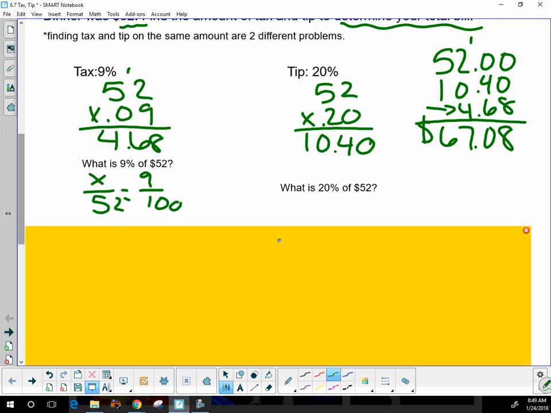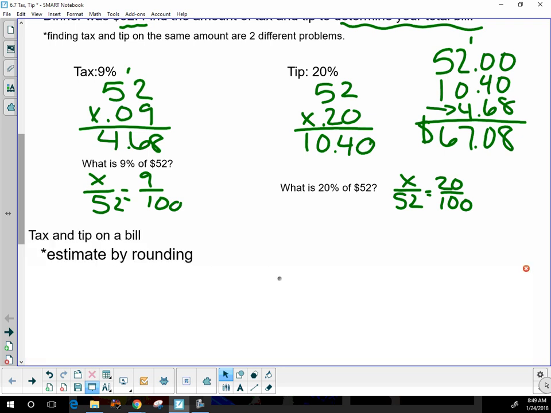And again, what is 20% of 52? And you would use your means and extremes and solve that equation to find your amounts. Add them back to the original amount of $52 to find out what your total bill is going to be.